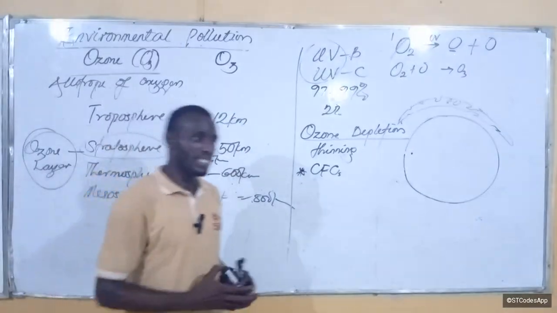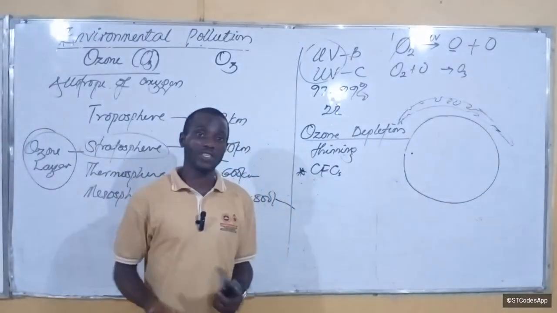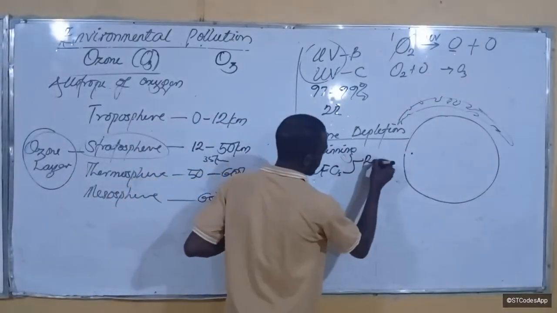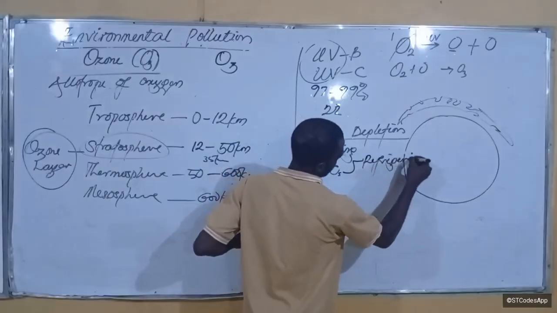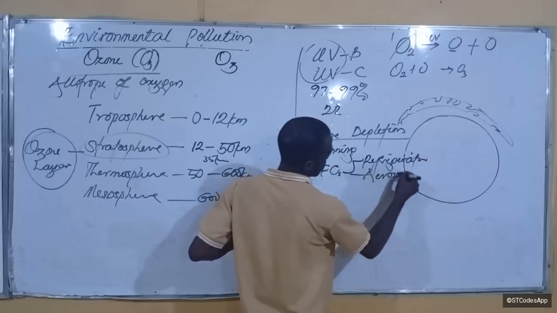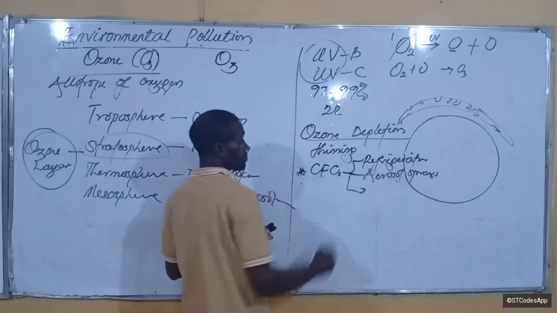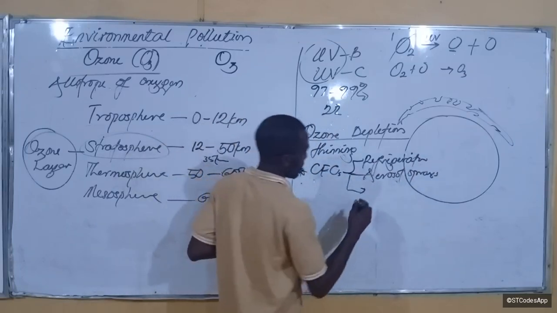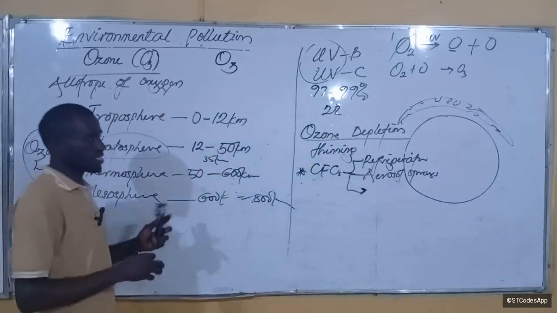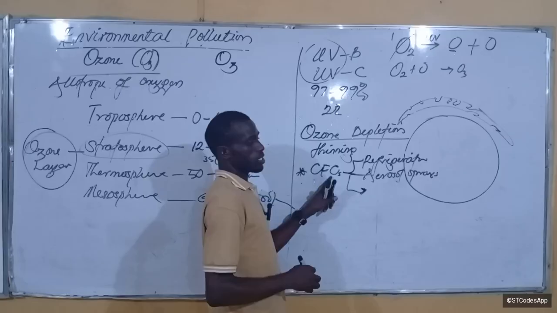Chlorofluorocarbons, or CFCs, are gases from substances that we already use, like our refrigerators and our aerosol sprays. Primarily these sources release CFCs.